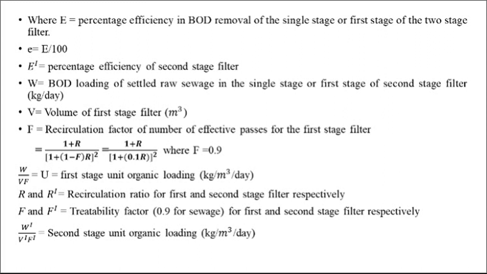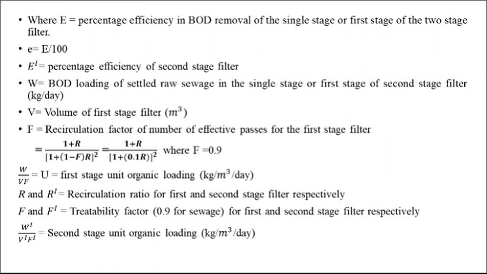Then R and R dash are the recirculation ratios for first and second stage filters respectively. Then f and f dash are the treatability factor, 0.9 for sewage, for first and second stage filter respectively, and W dash upon V dash F dash is the second stage unit organic loading in kg per cubic meter per day.